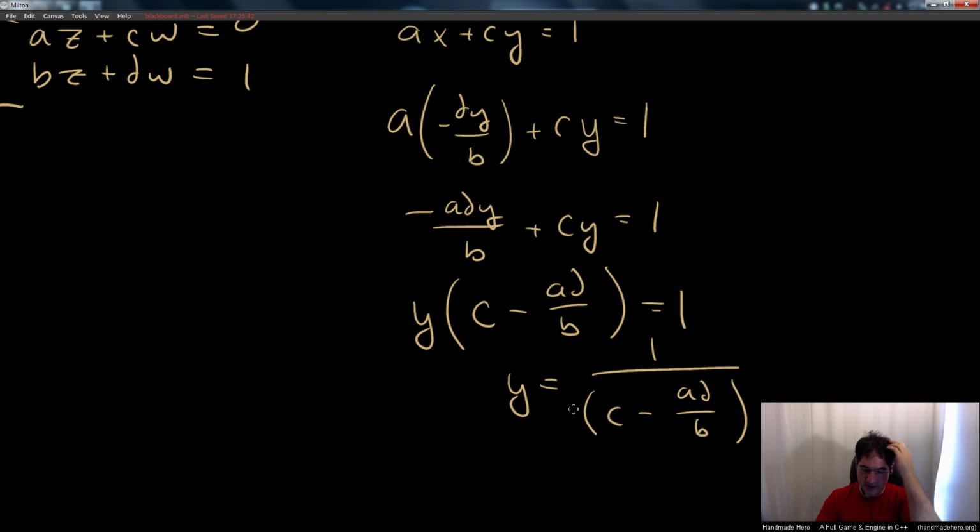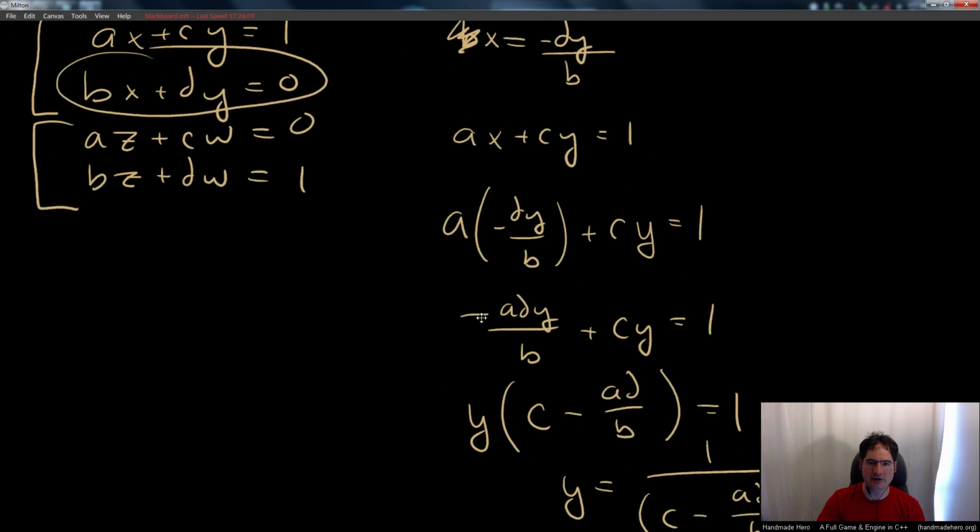But you can see now that you've got an equation in terms of y and all knowns on the other side, because a, b, d, and c are all things that we knew from the original matrix, right?